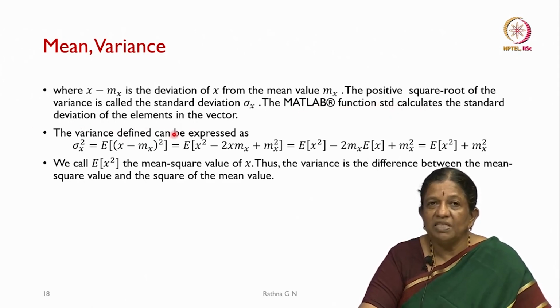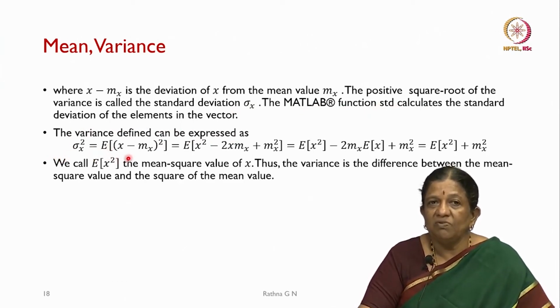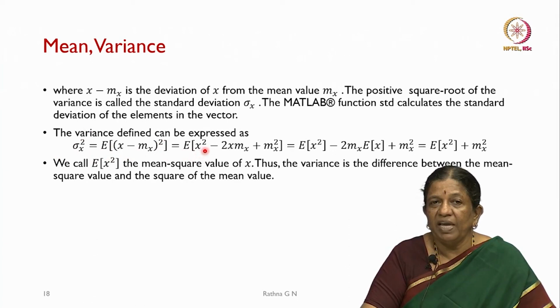The variance can be expressed as sigma x squared is equal to expected value of x minus mx whole squared, which is nothing but expected value of x squared minus 2 mx x plus mx squared. Taking the expected value inside, it is expected value of x squared minus 2 into mx into expected value of x, plus mx squared.